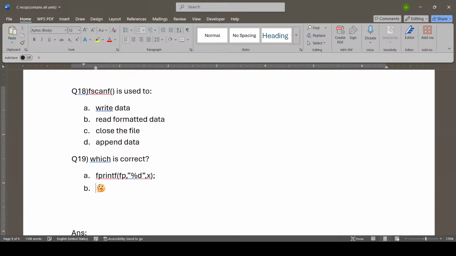Next is fscanf, with file pointer fp, then specifier %d, and next x.